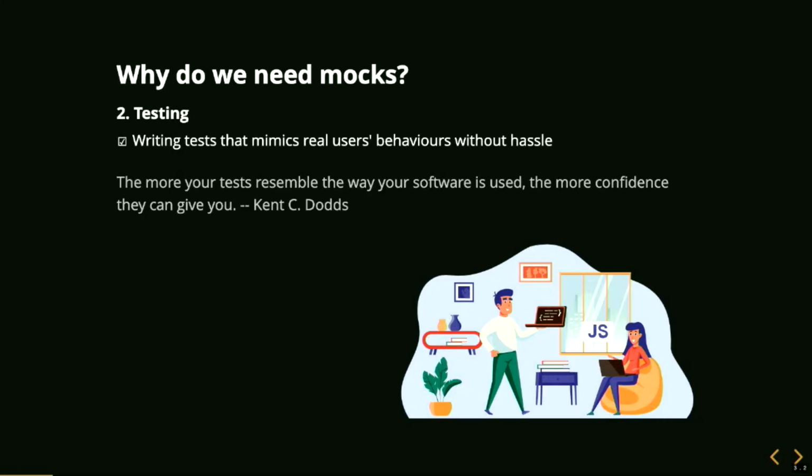When looking at testing, which is also a big part of our daily practice, I feel that web apps nowadays are becoming more and more complex, and we need to write smarter tests to cover the user's behaviors. If you are already using modern testing frameworks such as React Testing Library, you probably already heard the famous quote from Chen, saying that the more your tests resemble the way your software is used, the more confidence they can give you.